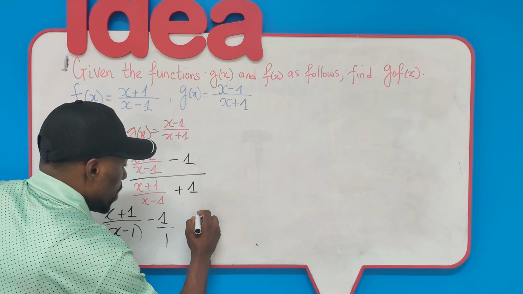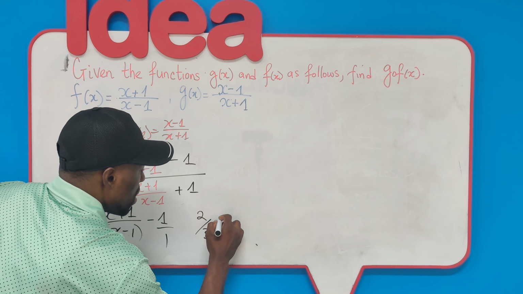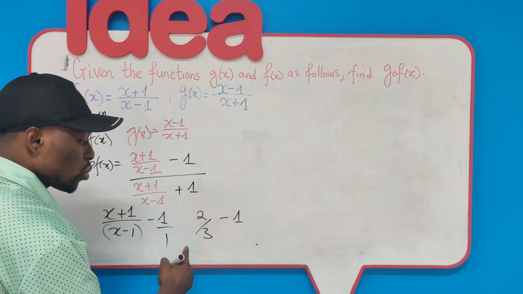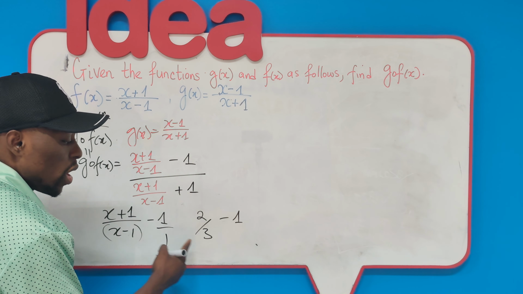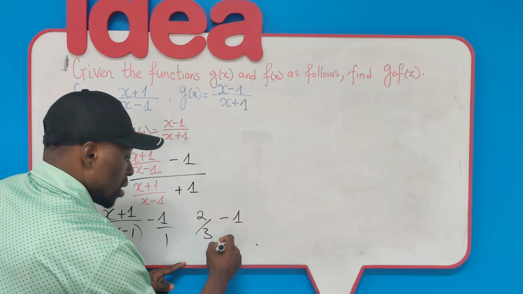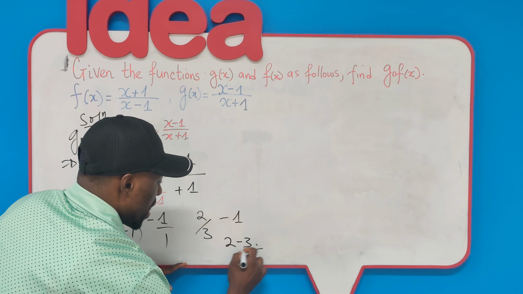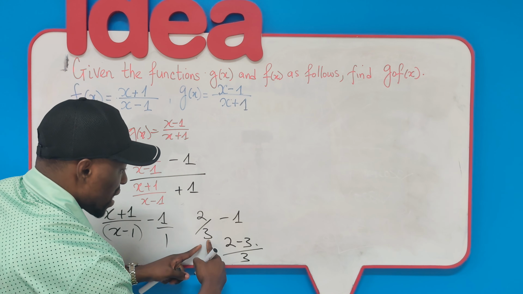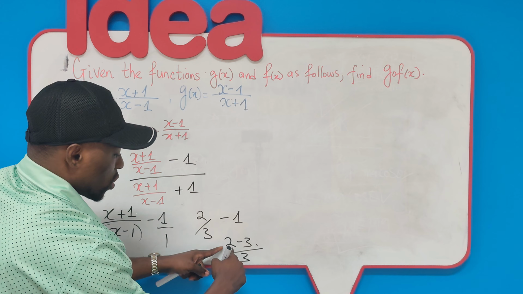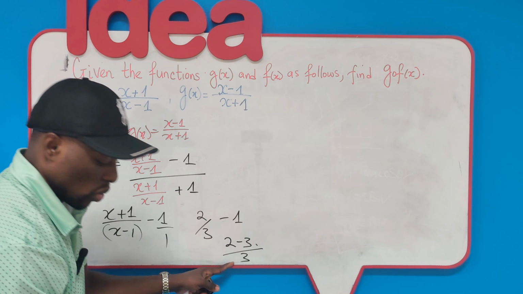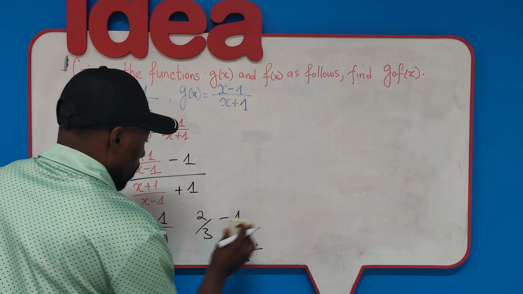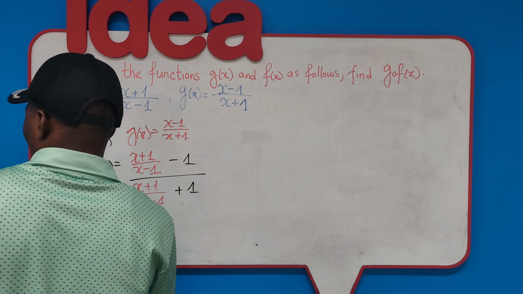Because look at it here. If we have 2 on 3 and then maybe minus 1 here, the easiest way, according to the trick I just gave you, 3 times minus 1 is minus 3, and then you divide everything by 3. So minus 3 plus 2. And it boils down to this. So this is the same rule I'm about to apply here. Watch.